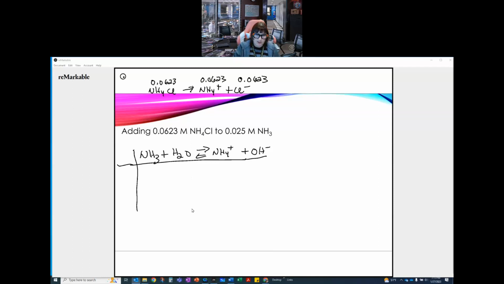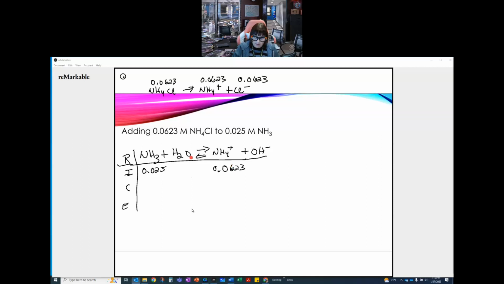I know that my initial concentration of the NH3 is 0.025, because that's what it says. I also know that I have an initial concentration of the NH4 plus, which is 0.0623.